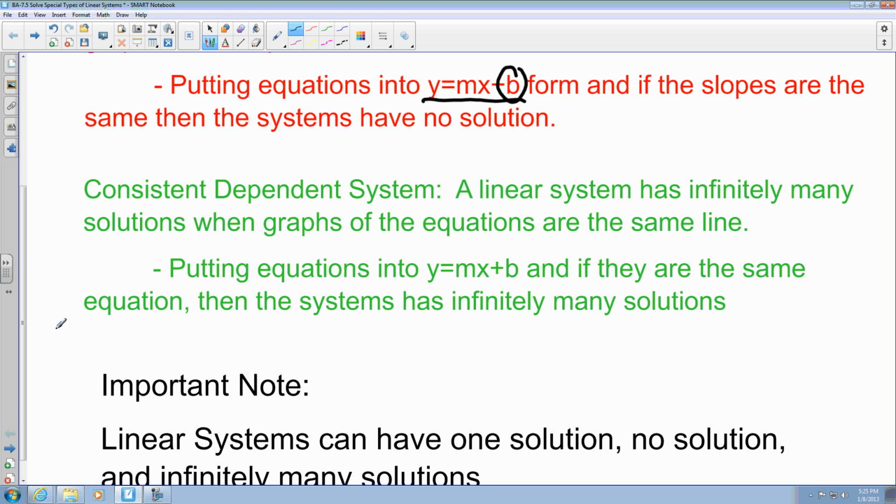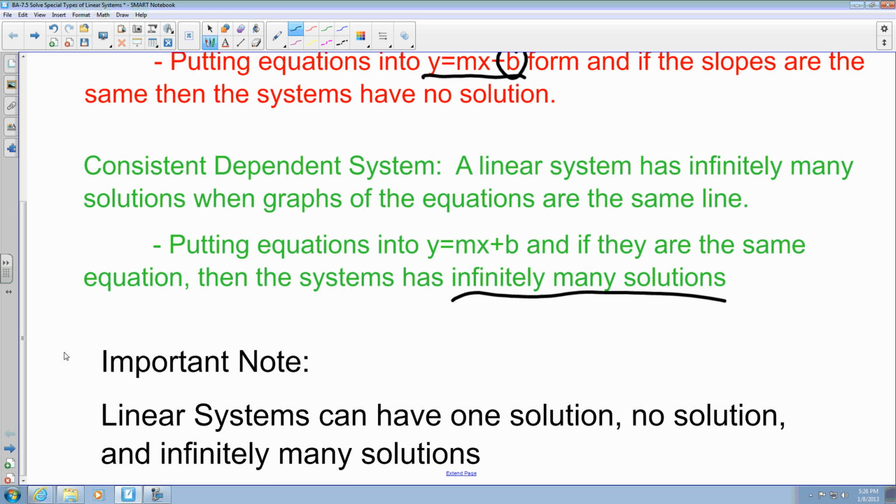So if you were to put the equation into y equals mx plus b form, you would find out that they're the same equation. And since they are the same equation, we can conclude that they'll have infinitely many solutions. So it's important to note that systems of linear equations can have either one solution, no solution, or infinitely many solutions.